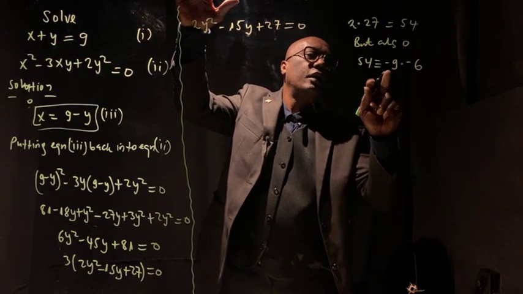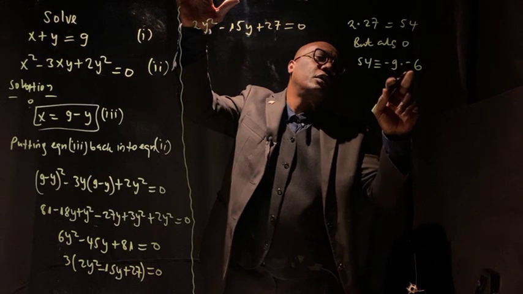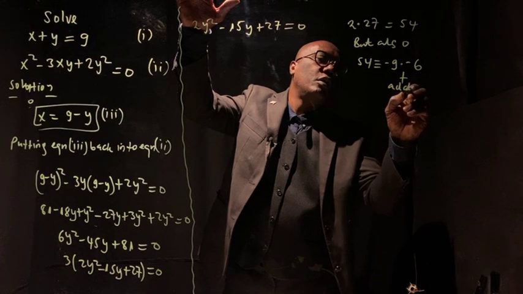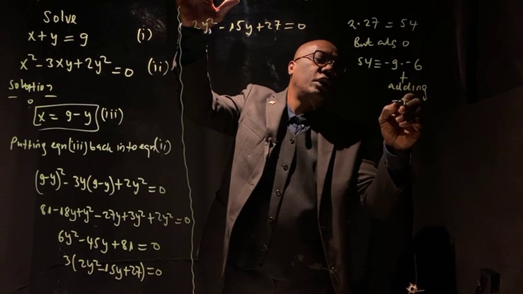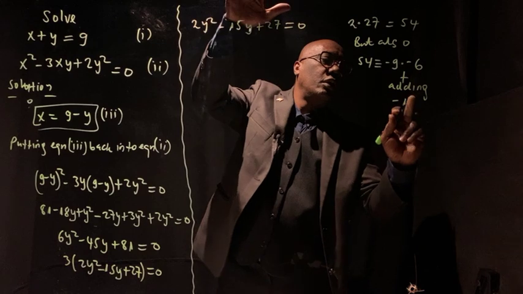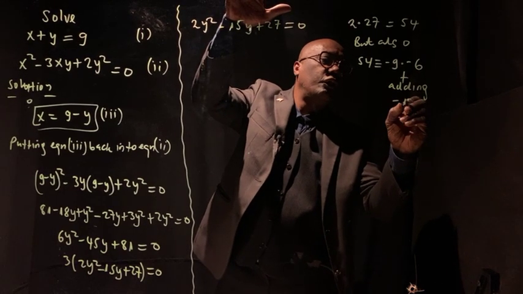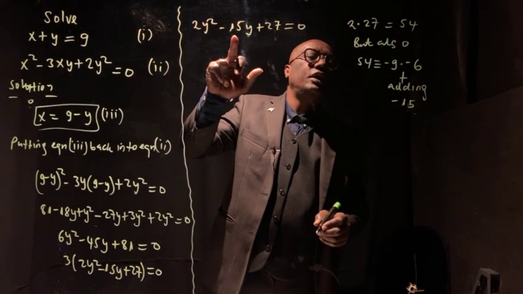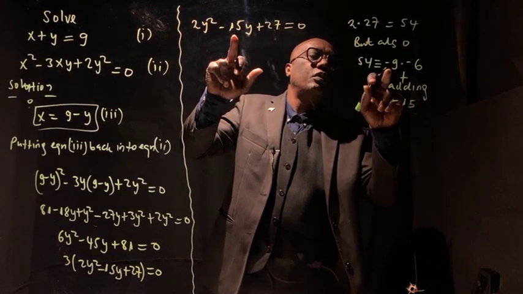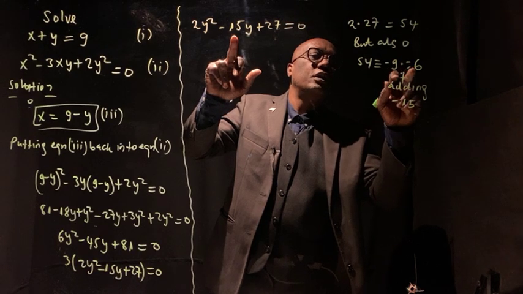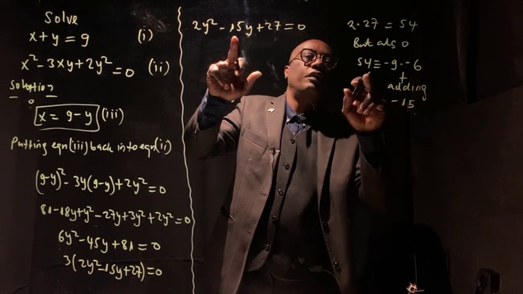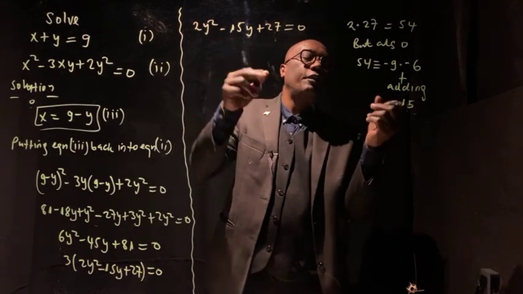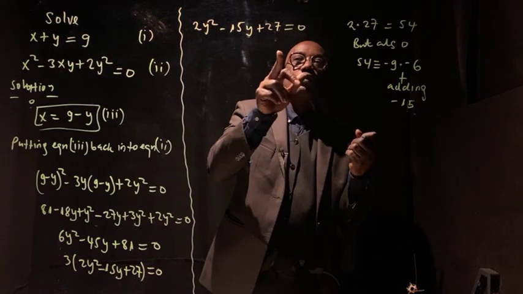If we add minus 9 to minus 6, we have minus 15, which is exactly the coefficient of y, which indicates that minus 9 and minus 6 are the factors that are useful for the quadratic equation.